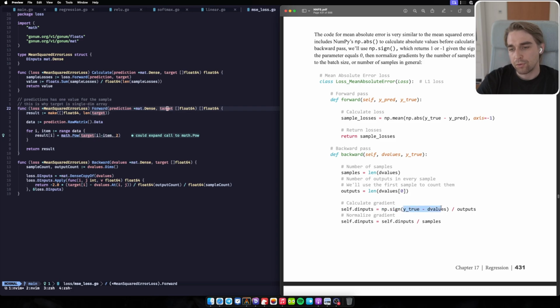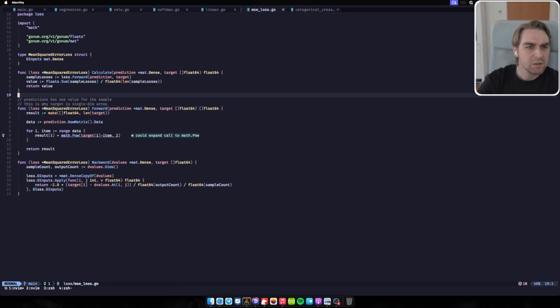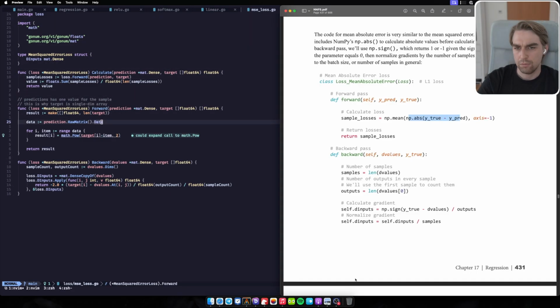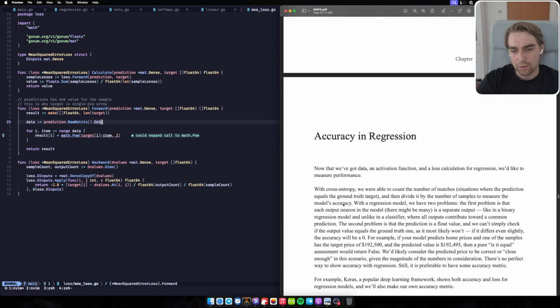If it's negative, it returns -1, and then we again normalize. Here, this just takes the absolute value instead of the square. So it's very similar to what we have here, right? So yeah, this is mean absolute error.